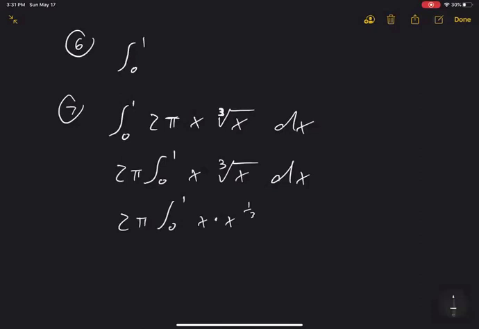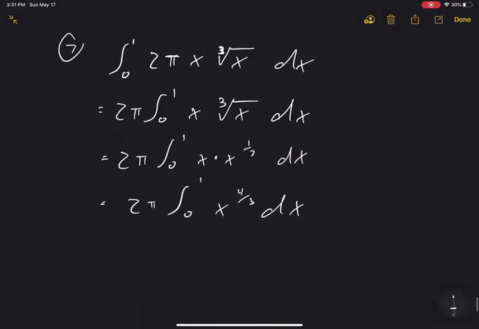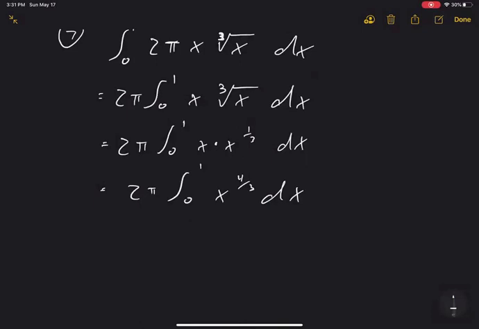So I got x times x to the 1/3. So that's x to the 4/3. And then it's a fairly easy integral, right? It's just the power rule. So I get x to the 7/3 divided by 7/3.